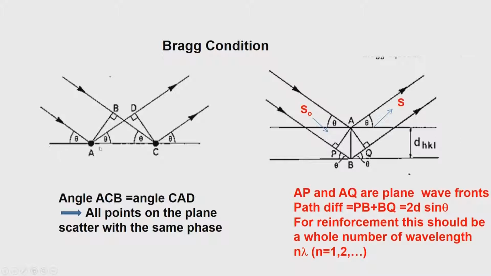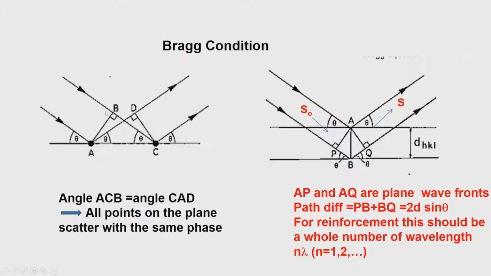this, let us say, is the plane from which the diffraction or the reflection of the incoming radiation is giving us the diffracted beam. Now, essentially the diffraction, from all practical points of view under Bragg's law, we consider as a reflection. That means the angle of incidence and the angle of diffraction are one and the same.